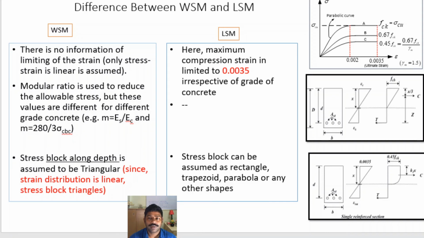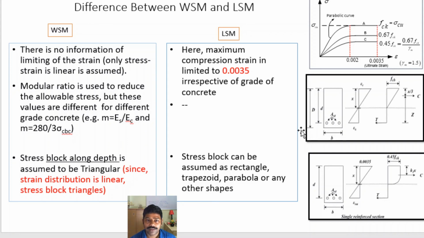Let us summarize the difference between the working stress method and the limit state method. In the working stress method, we have learned that there is no information on limiting strain. It is saying that stress and strain behave linearly. Basically, in the working stress method we are doing linear elastic analysis.